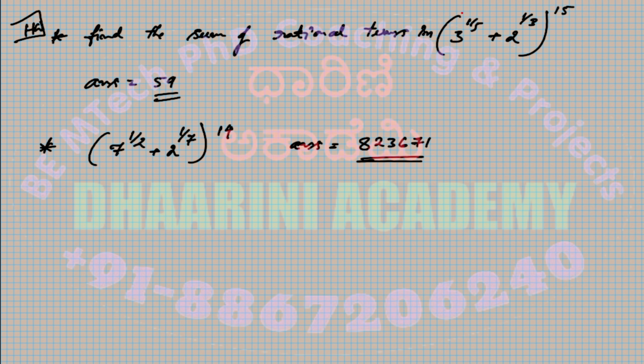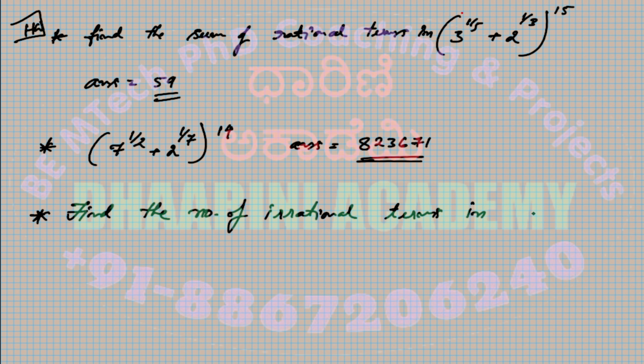Next question. Find the number of irrational terms in the expansion of (5^(1/8) + 2^(1/6))^100.